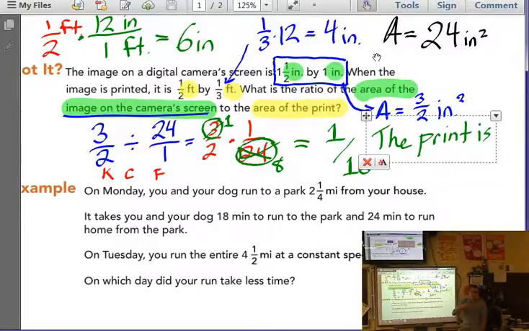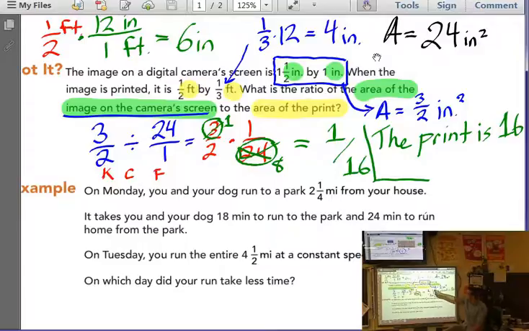Want to say the print is. Now, when we compared, we did screen to print. So if I start with print, I actually want to turn around my ratio. The print, I'd like you to write this down if you can, guys. The print is 16 times the screen size.